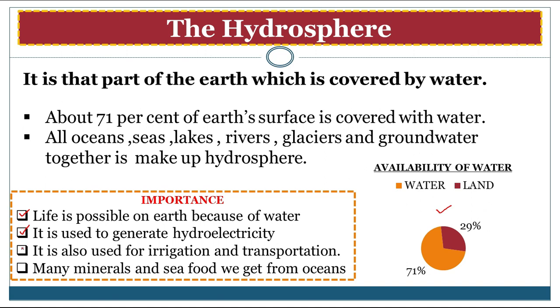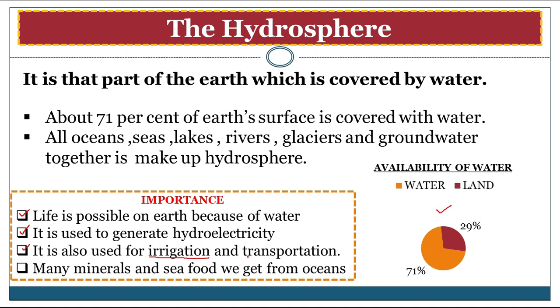Then the hydrosphere is used for irrigation and transportation. Irrigation means the water which we give to our crops. So for that the water is used, and for transportation also we use the hydrosphere or water, like through ships we move from one place to another.